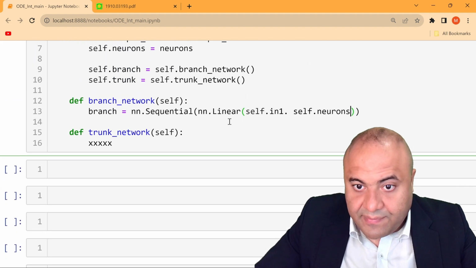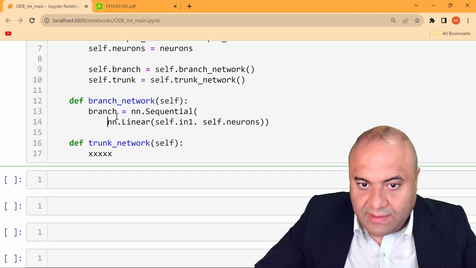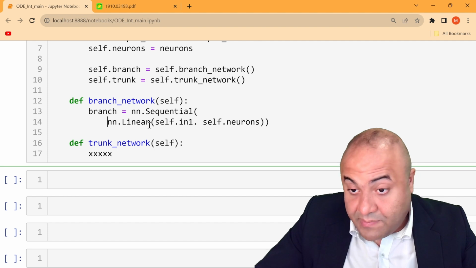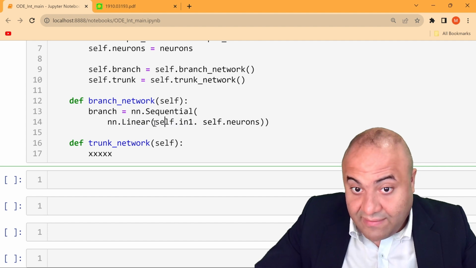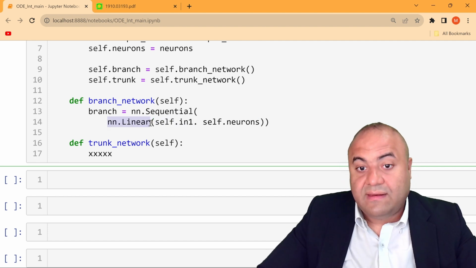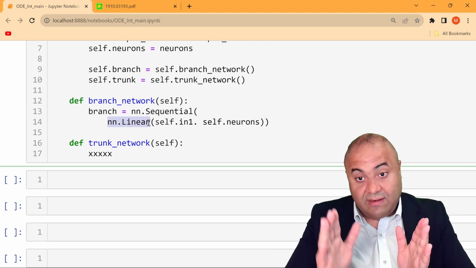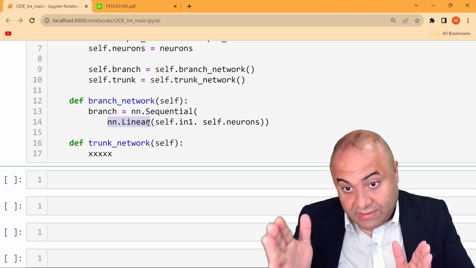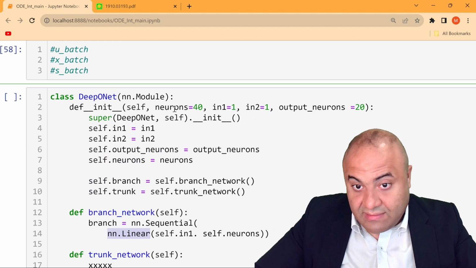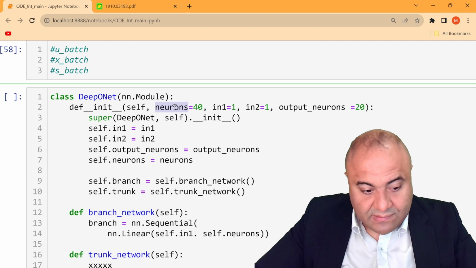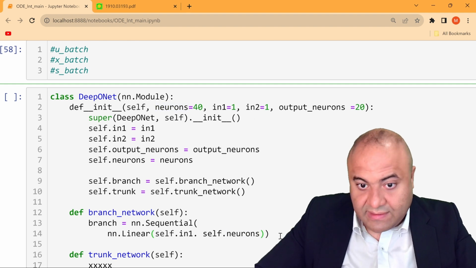So it will start by, yeah, this way. I wanted to have this space. So start by having linear connections between the first input, and then we will have the neurons. So these are the 40 points. Just make sure the spelling is right.